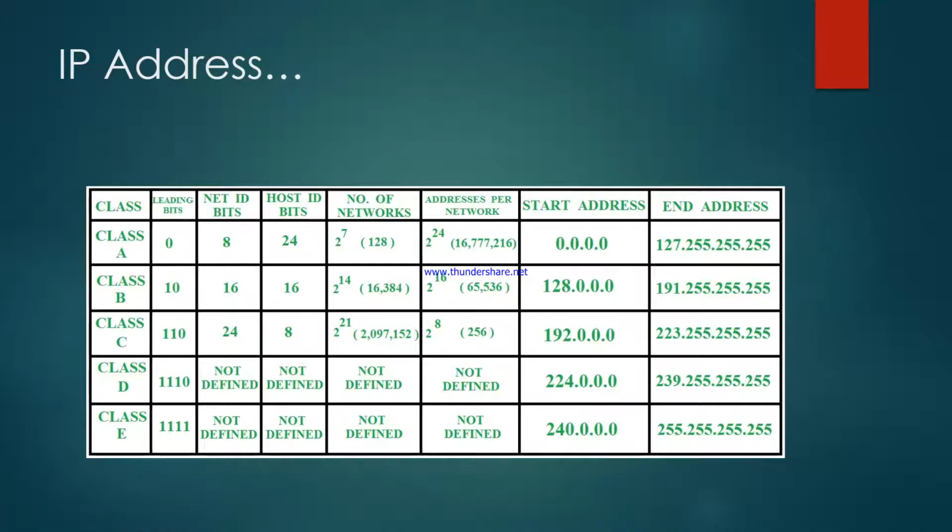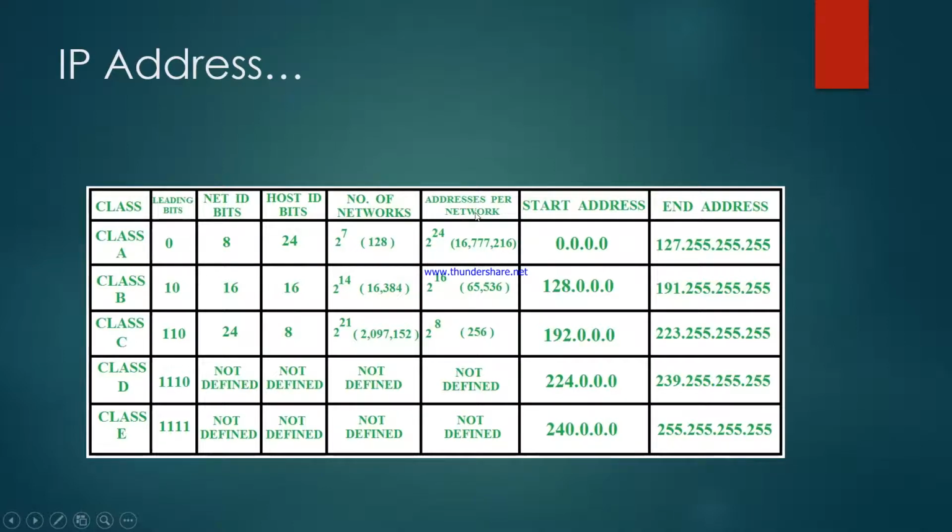So, the number of networks in class A will be 2 to the power 7, that is equal to 128. So 128 different networks can be identified or named in class A IP addresses.